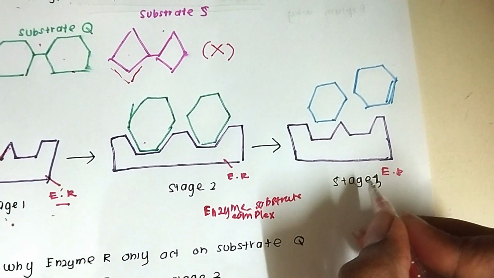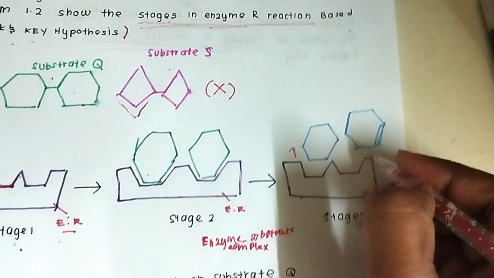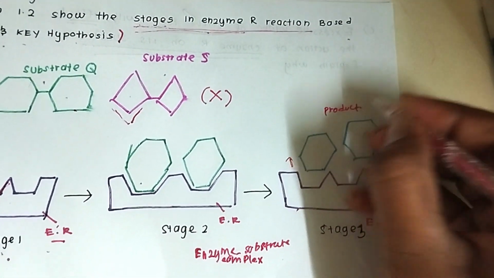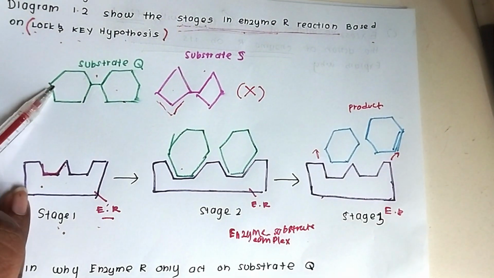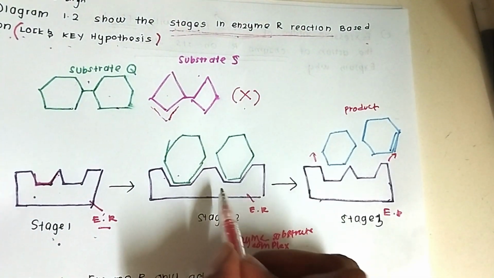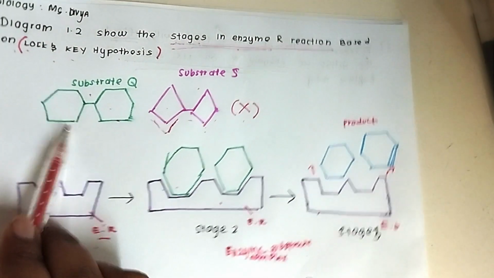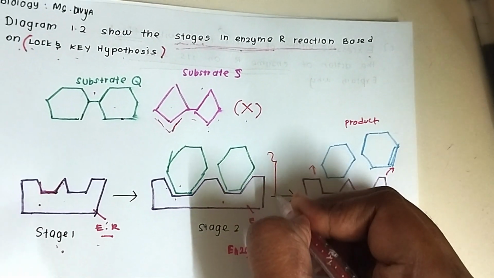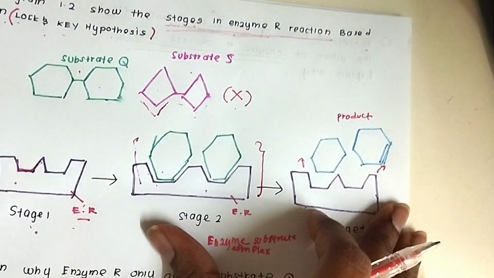Once the reaction is done, it will release the blue color thing here, which is the product. So this is our enzyme, and this is the compatible substrate. This substrate is not allowed to bind with our enzyme because look at their shape. But this substrate is allowed to bind with our enzyme and the reaction will occur, which is a biochemical reaction, or we call it metabolism.